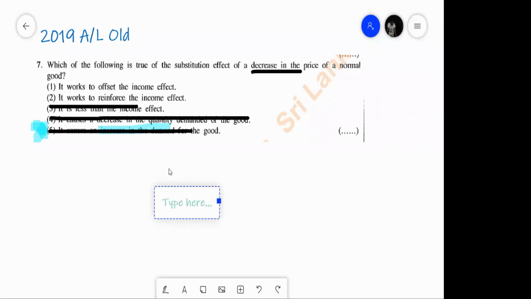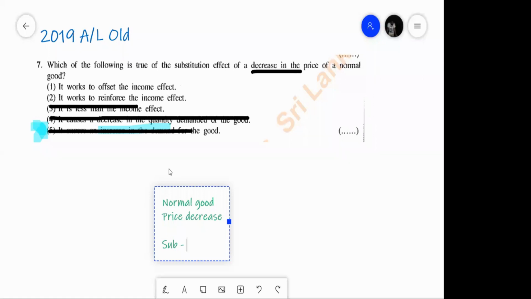So substitution effect will say, okay, come again. Normal good, what I explained on the table, normal good, guys, right? Price decrease, normal good, price decrease. According to the substitution effect, what should happen to quantity demand? Increase or decrease? Substitution effect.